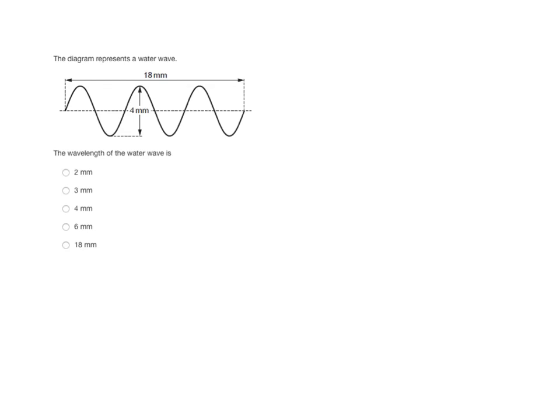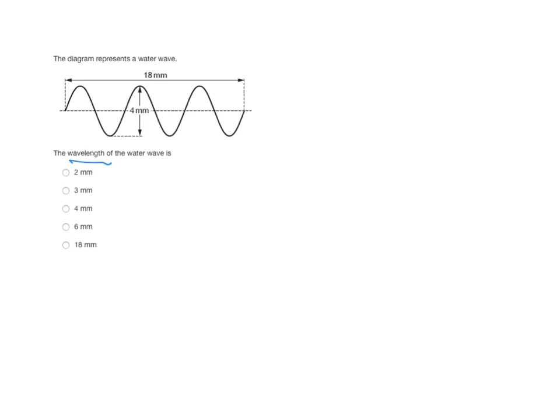And this one, what you've got to be careful about is your definitions of amplitude and wavelength. So you've got information in this question up and down, and information across. And the question is asking you about wavelength, so it is across that matters. And if we look across, can you see there are 1, 2, 3 waves in that 18 millimeter distance.